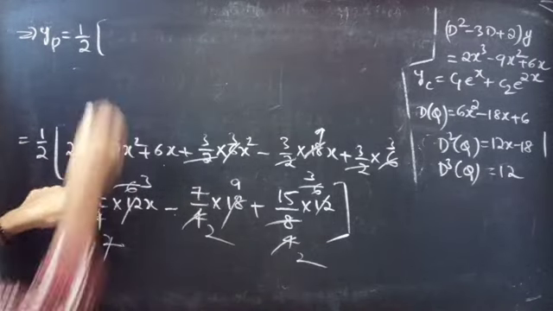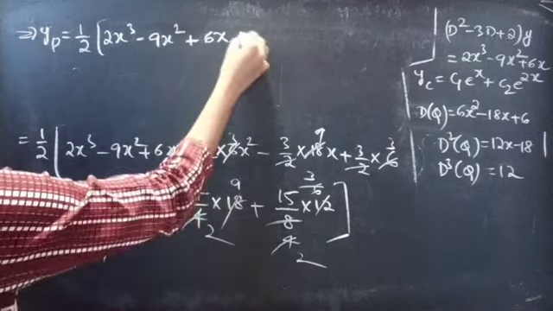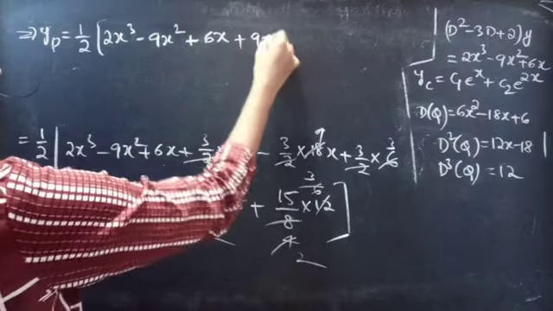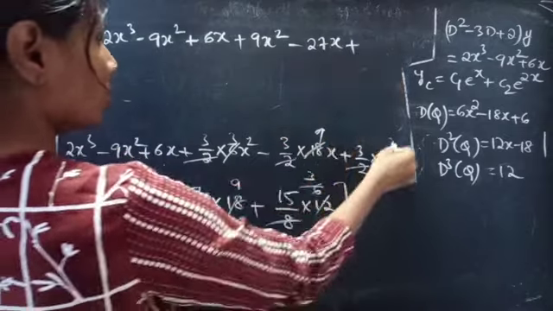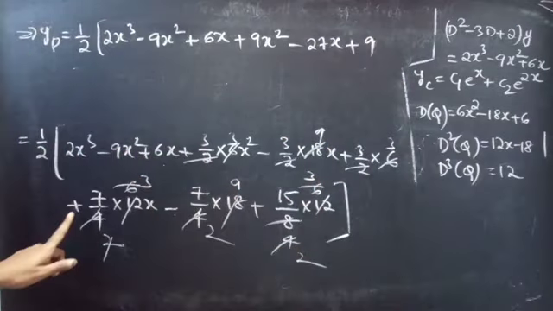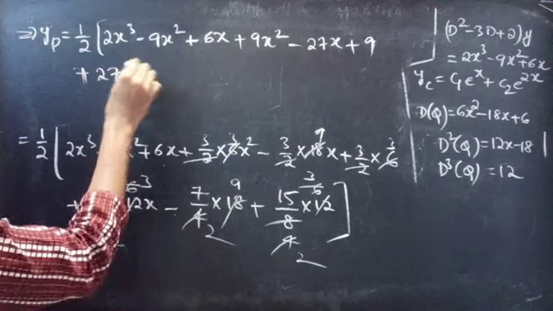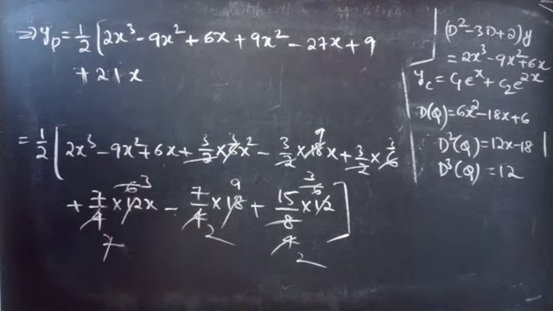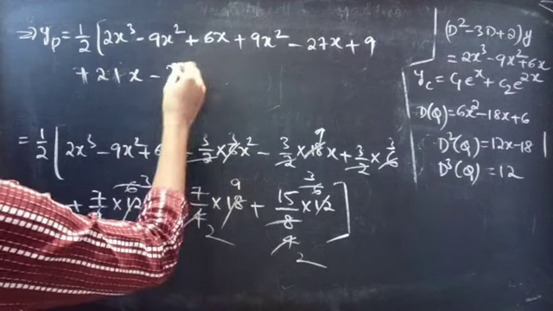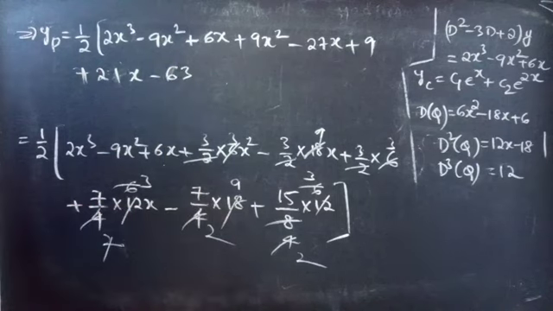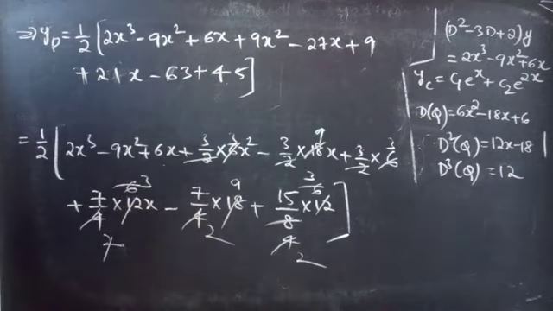Our Y_P becomes 1 by 2 into 2x cube minus 9x square plus 6x, plus 3 3s are 9x square, minus 3 9s are 27x, plus 3 3s are 9, plus 7 3s are 21x, minus 7 9s are 63, plus 15 3s are 45.